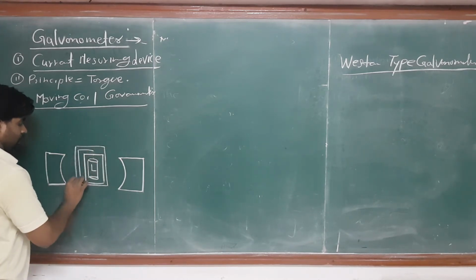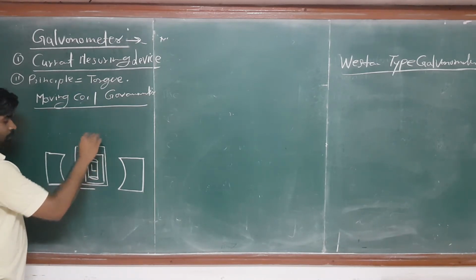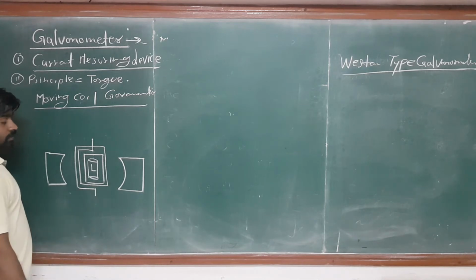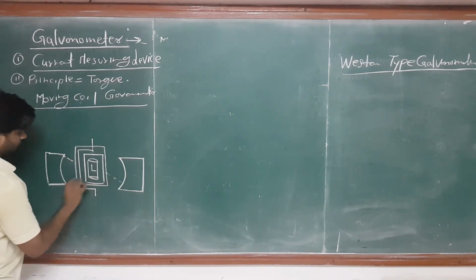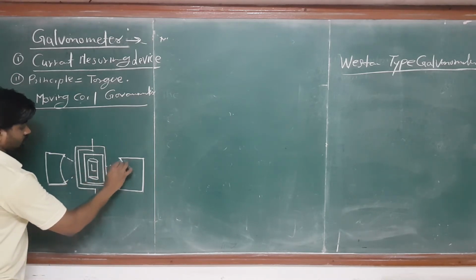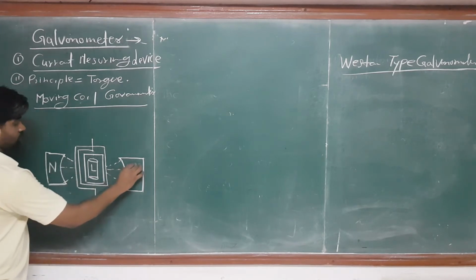So there are some ends that will come. Okay. So this end is going up and this end is going down. Right. There is the radial magnetic field. So you can show the radial. It's called the north. It's called the south.